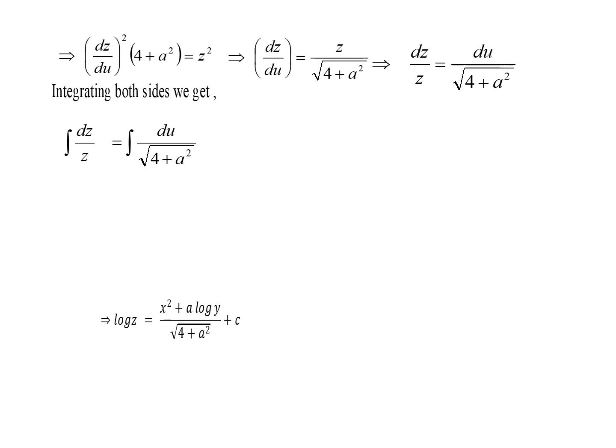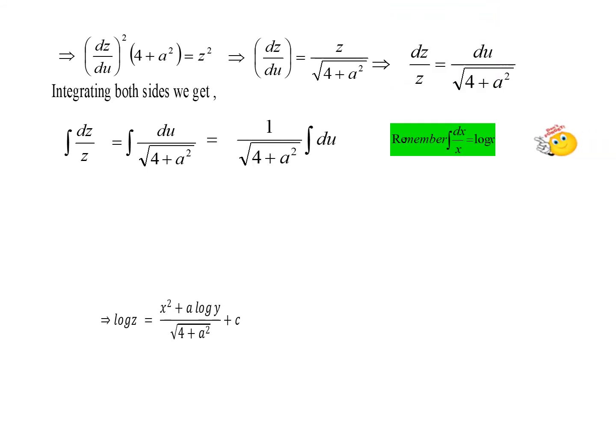And you remember how to integrate the left side, integral dz by z. You remember this formula, integral dx by x is going to be log x. So when we integrate dz by z, we will get log z equal to the right-hand side, that 1 by root of 4 plus a squared is going to be a constant which we have taken out, and integral du is going to be just u plus of course the constant of integration c.